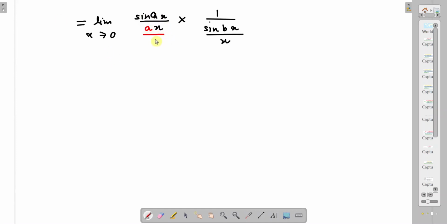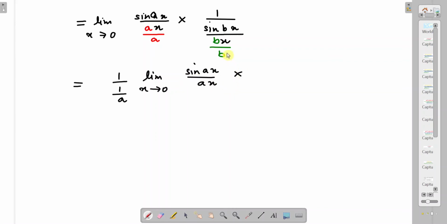So multiply and divide by a, and here we have to bring b, so multiply and divide by b. So this will be equal to what? If you look at this, we will get 1 divided by a, limit x tends to 0, sine ax divided by ax, right?